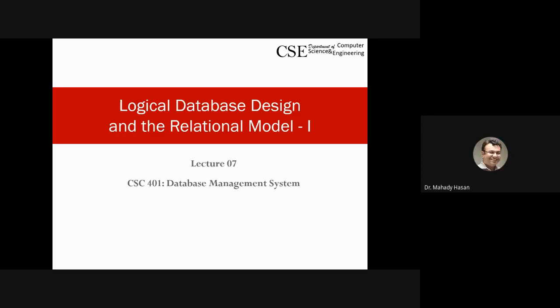Ternary. Very good. So we have unary, binary, ternary. This is based on the number of participation of the entities in the relationship. Now here we are not saying relationship, we are talking about relations. Relations are something which looks like a table.